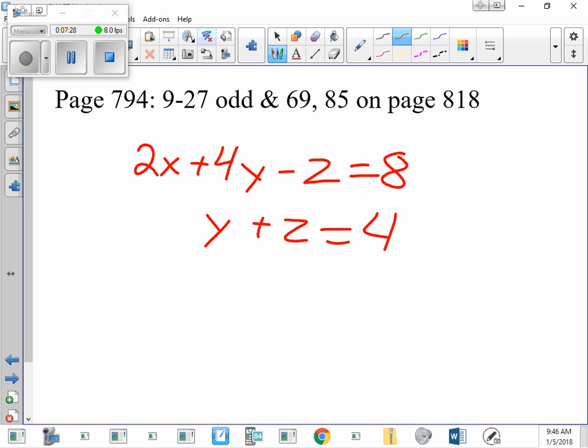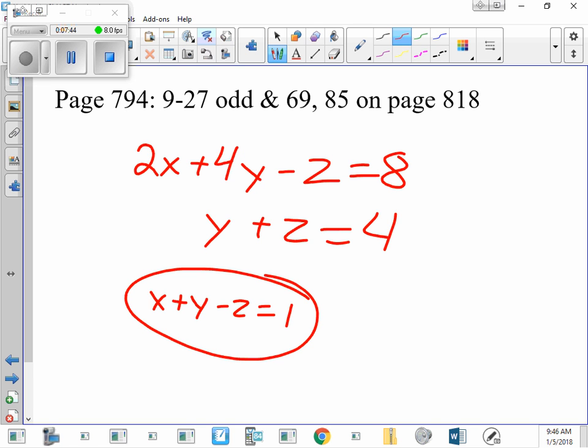If you have 2 equations, you'll substitute or eliminate or use some kind of matrix operation, and you'll simplify it down and get something like this: x plus y minus z equals 1. And this is the intersection. That is the solution. But there are an infinite number of solutions, and we don't really care, so we're not going to do those.